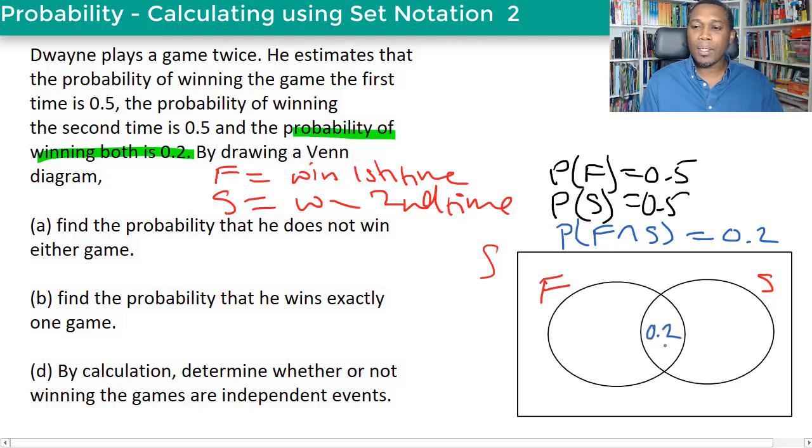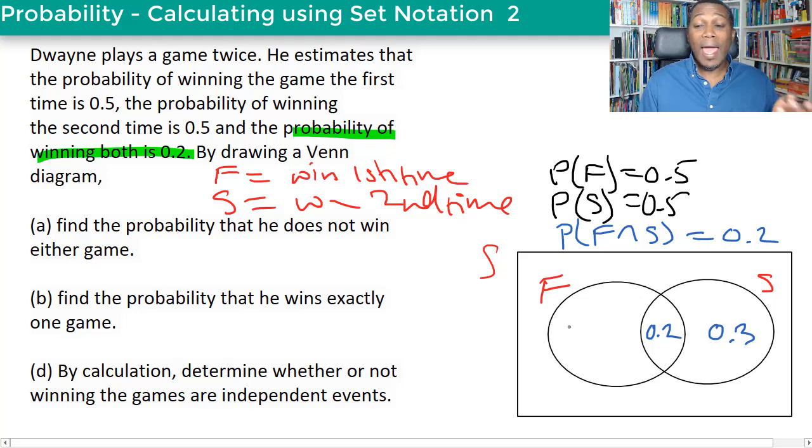That's the overlap. And then I can deal with the probability of S, because if the whole circle has to be 0.5, then the missing part of S will be 0.3. When I add them, I'll get 0.5 for the entire circle, representing the probability of S, winning the second time.